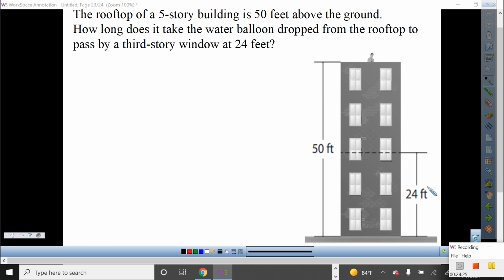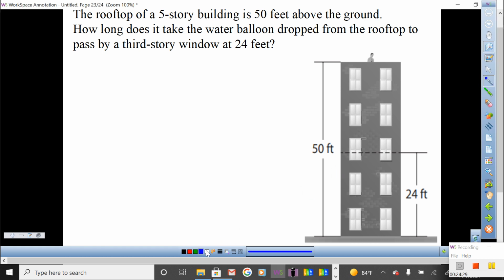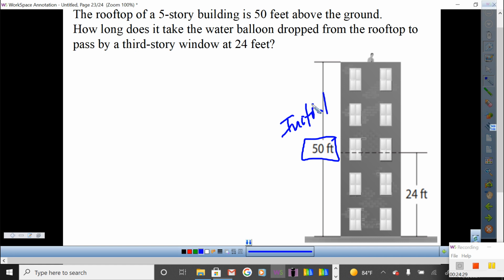Out of those two heights, which is my initial height? 50, that is correct. So label that initial. And which is the new height that they want us to find? The new height is what? 24, so I'm going to label that new.